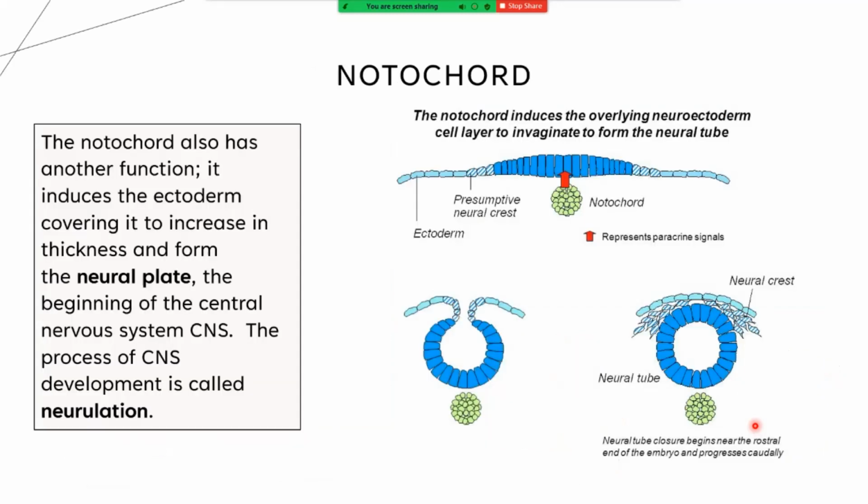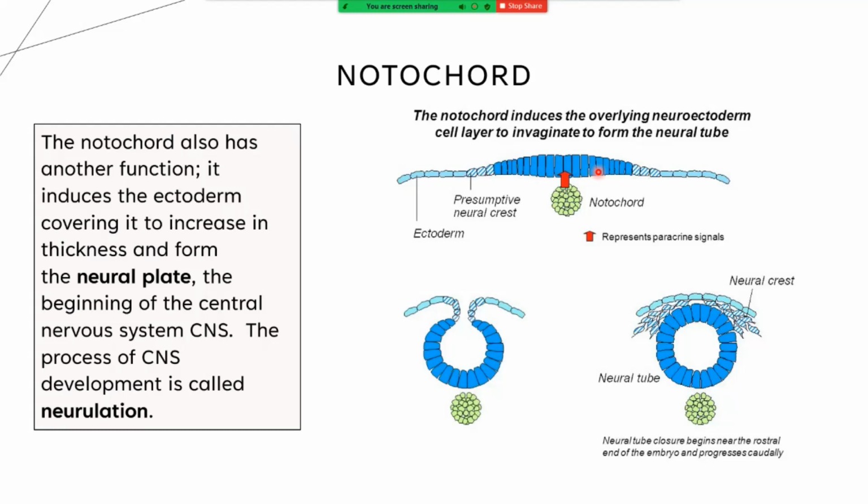Have you understood? The notochord also has another function. It induces the ectoderm covering it to increase in thickness. This thickened ectoderm, distinct from the other parts of the ectoderm, is known as the neural plate, the beginning of the central nervous system.